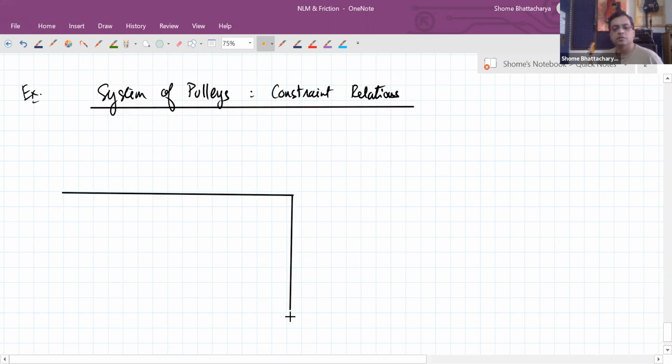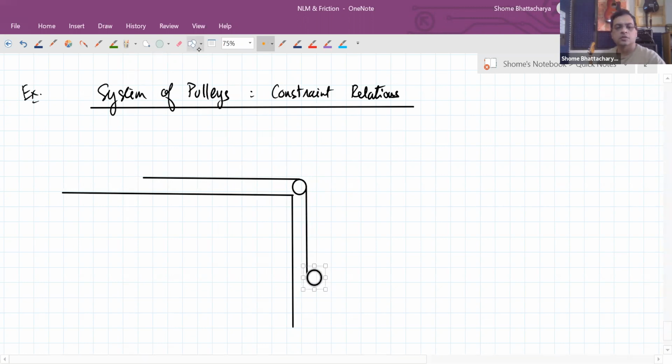So suppose we have this kind of situation. We have a smooth surface like a horizontal tabletop with a pulley attached right at the end, and the thread is going around another pulley.